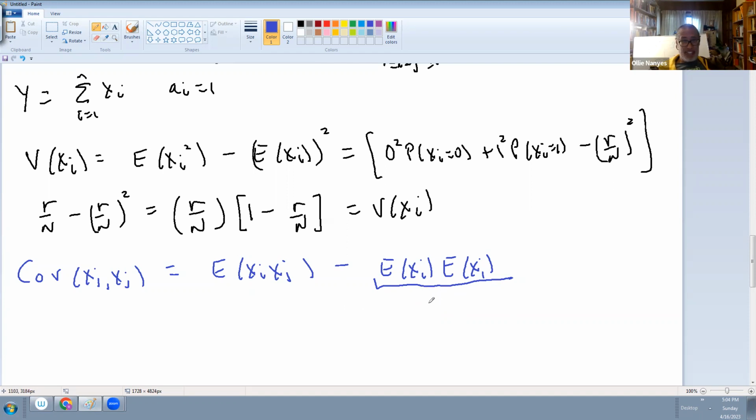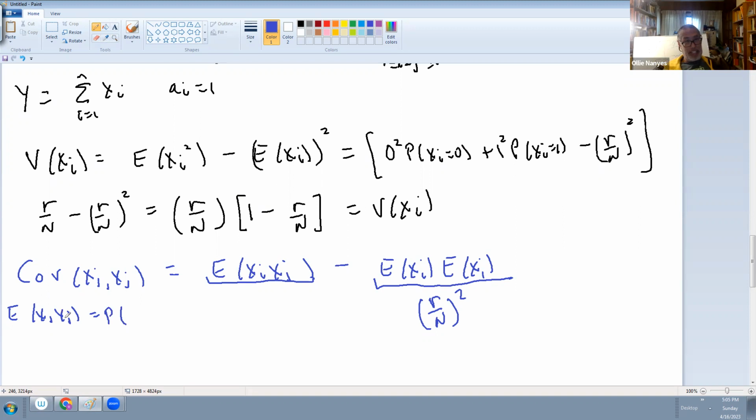Each one of these is the same, so it's going to be r over n, quantity squared. This right here, though, is going to be a little bit of a different story. This thing here, this expectation, which I'm going to calculate here, of xi xj, well, it's going to be a sum over probabilities.